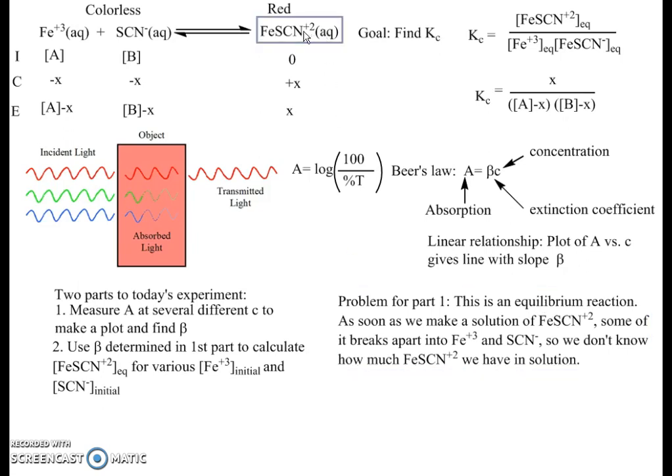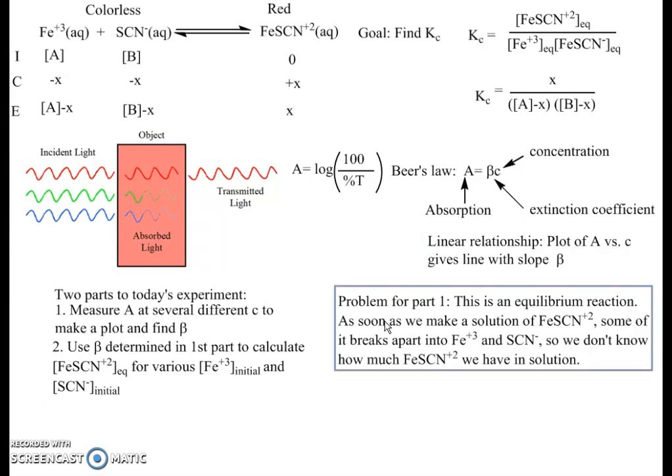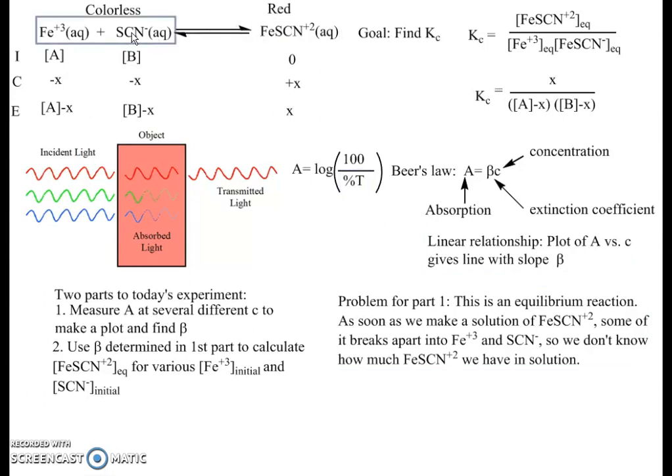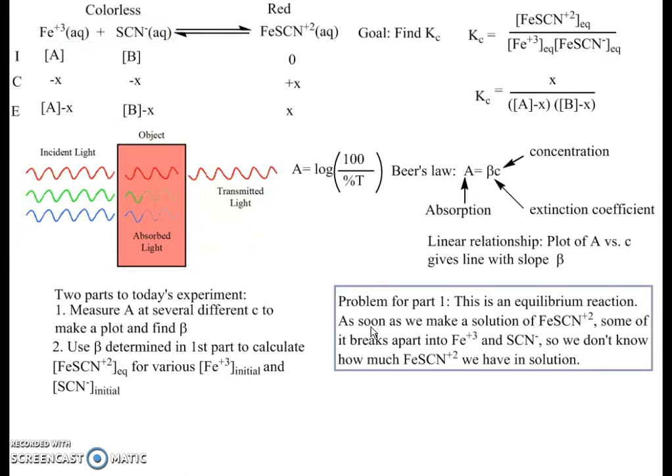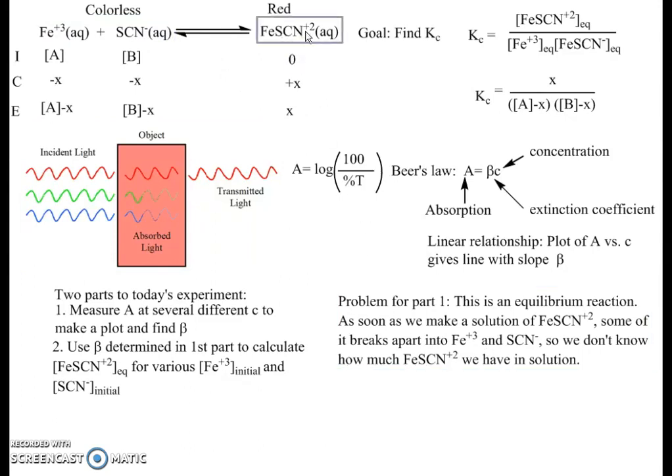So if I try to make a solution of my product in order to measure its absorption, so I can plot A versus C, since it is an equilibrium reaction, it's immediately going to start breaking down into my iron plus 3 and my thiocyanate. This means I don't know how much FeSCN plus 2 I actually have left. So we need to find a way to address this.